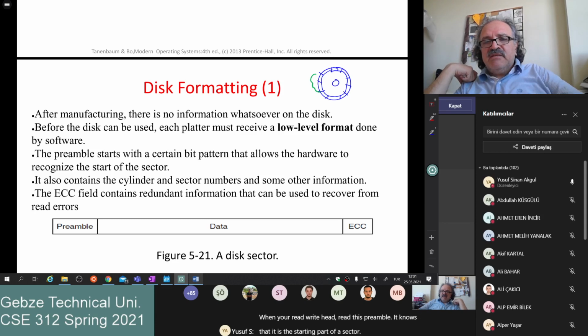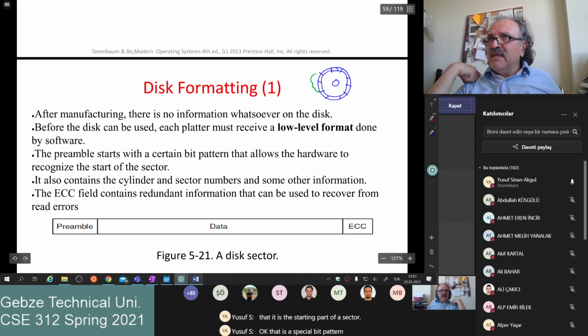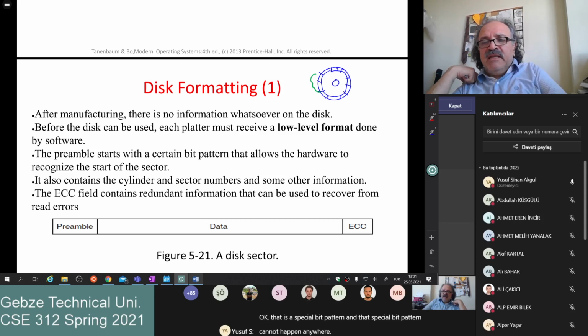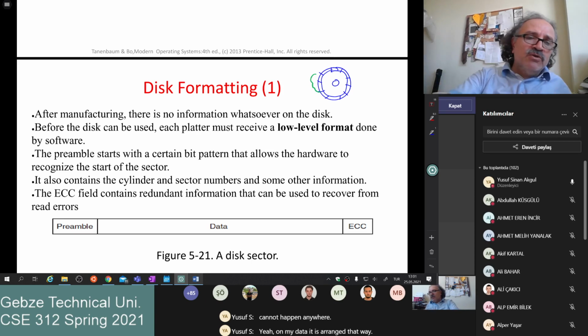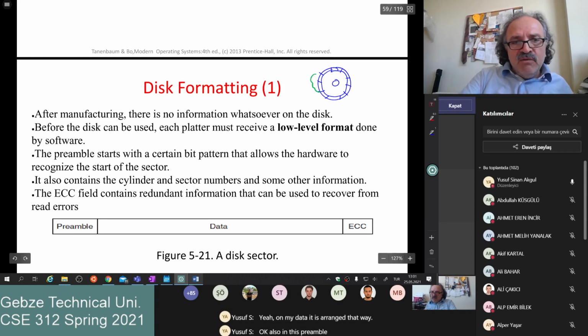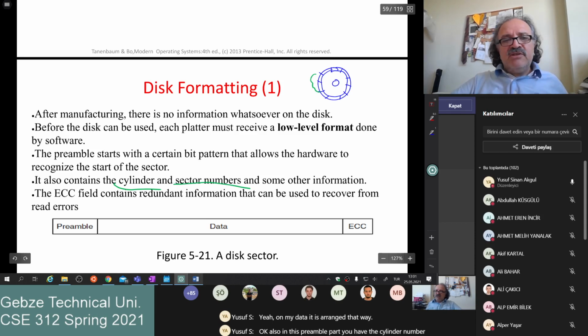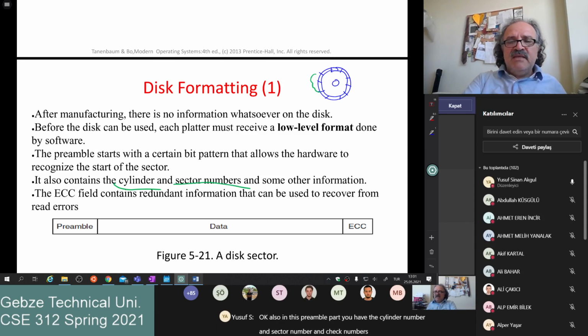There is a special bit pattern, and that special bit pattern cannot happen anywhere in my data. It is arranged that way. Also in this preamble part, you have the cylinder number, sector number and track number of this sector.